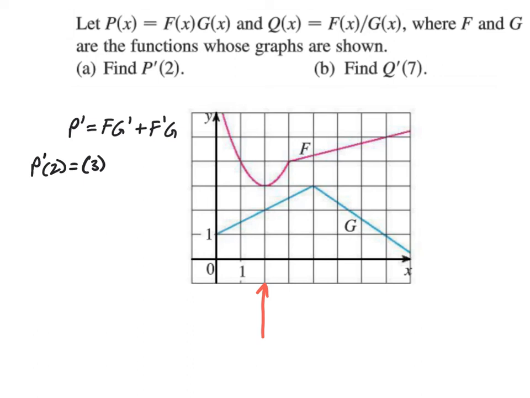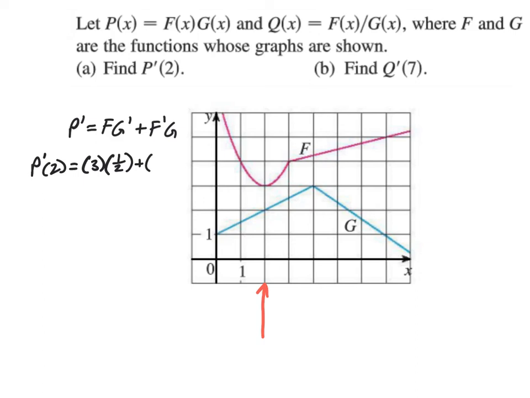And then times g prime at 2. So that means the slope of this graph at 2. What's the slope there? That looks like we're going up 1 and over 2, so that's a 1/2. So then plus the derivative of f at 2. And so that means we're looking for what is the slope of that function at that point.